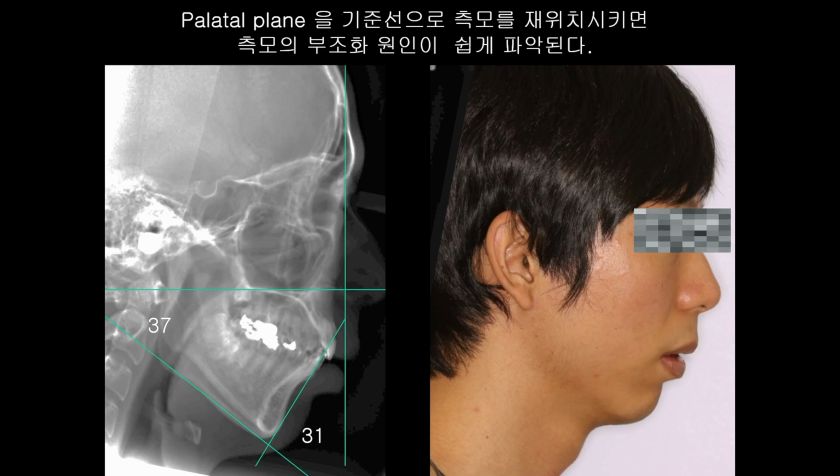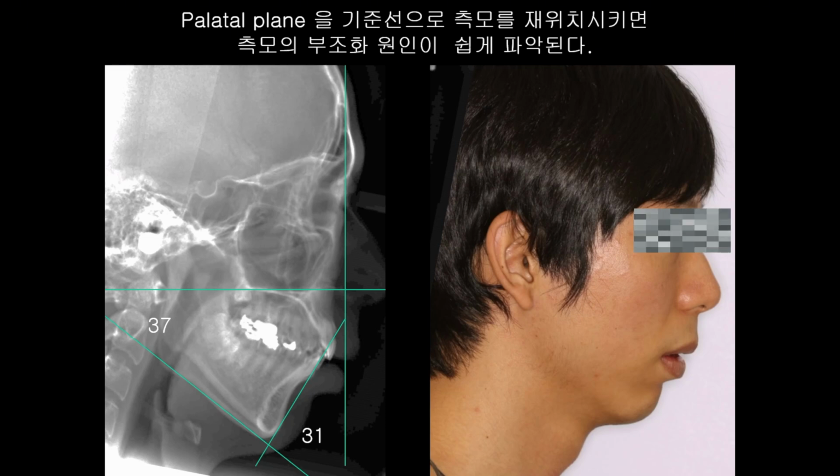Just evaluate whether this patient shows an aesthetic structure or a non-aesthetic bone structure. And this patient shows thick soft tissue or thin soft tissue. Okay? So my focus is that.